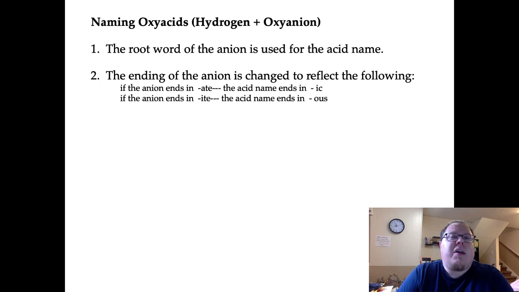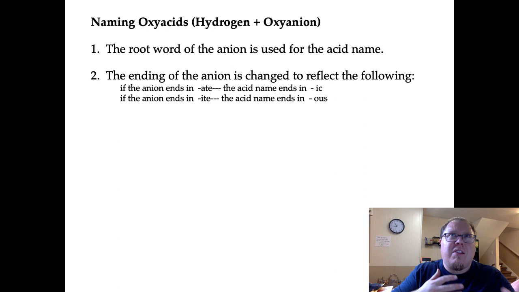If it is something that is ending in ate, like sulfate, nitrate, chlorate, then you change it to ic. So nitrate becomes nitric. Chlorate becomes chloric.